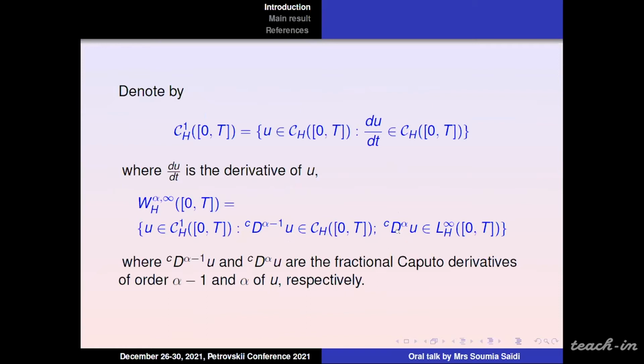Also, we denote by C1(H) the set of functions u defined from [0,T] to H whose derivatives are continuous. Of course, u is continuous. And we define this space W^{alpha,infinity} that contains the functions u in C1(H) such that the Caputo fractional derivative of order alpha minus 1 is continuous, and the Caputo derivative of order alpha of u is in L infinity.